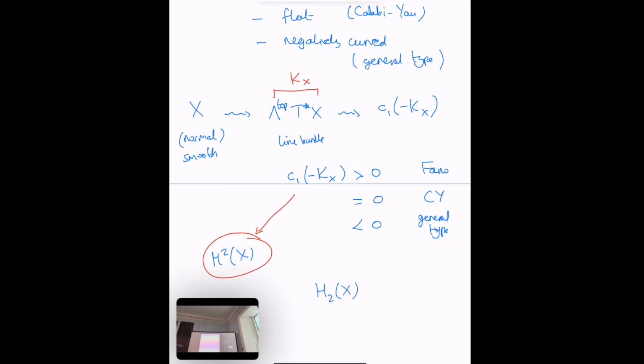So let's think about the second homology group. That's the dual. This is where classes of curves live, right? Because curves are real two-dimensional objects. They're complex one-dimensional objects. So inside H lower 2 here is the cone generated by algebraic curves.